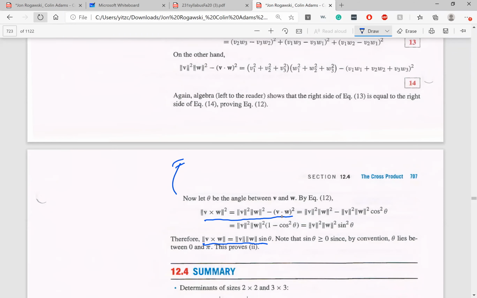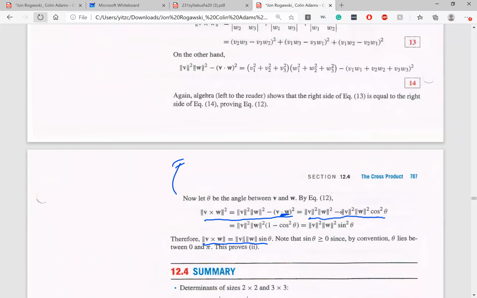I don't want to go into how they did it. Then they use the fact that the dot product is connected to cosine to jump from here to here. They just replace the dot product with the magnitude of v squared times the magnitude of w squared times cosine of the angle squared. So they just plugged it in.